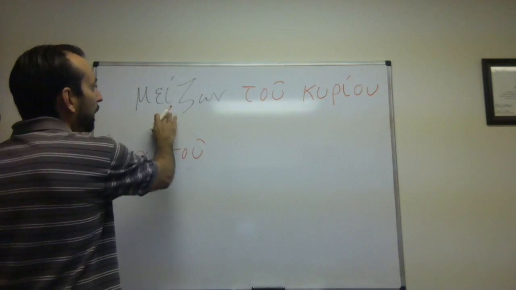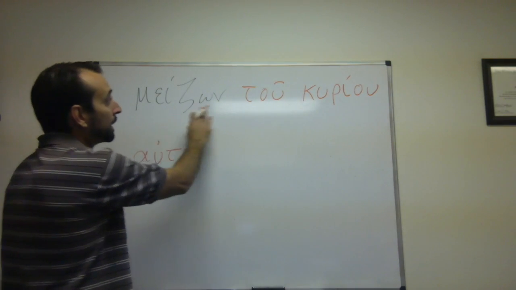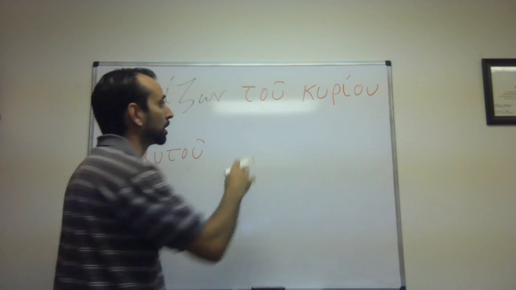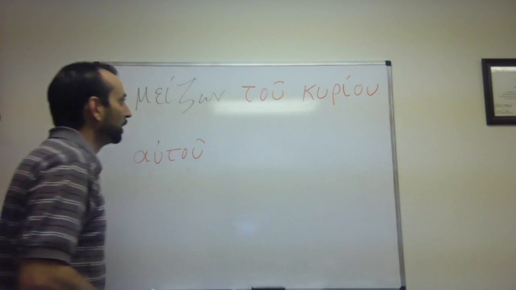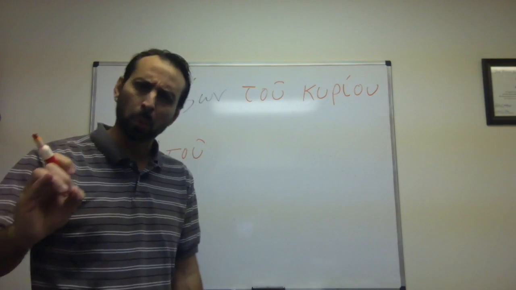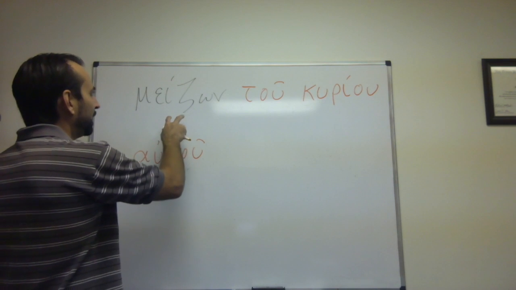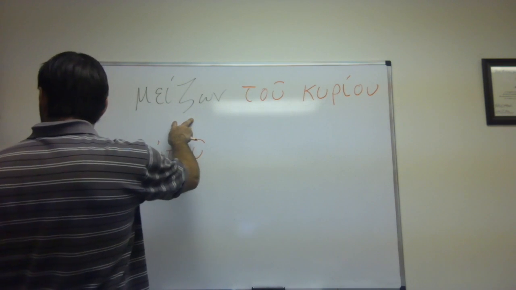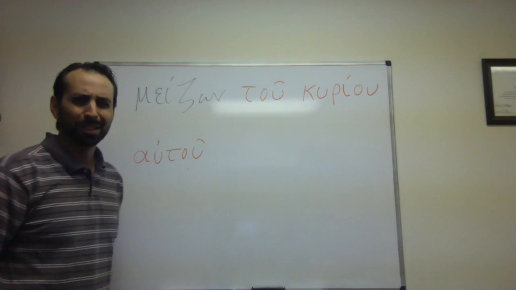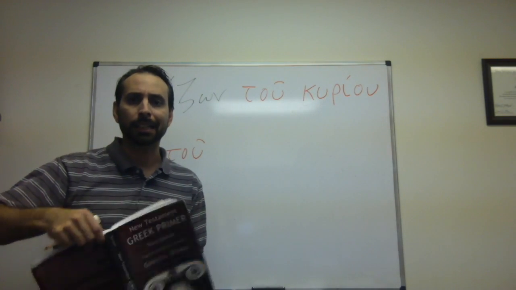So I've got this comparative adjective here, and then it is followed by a noun, a substantive, a noun construction, but it's in the genitive case. Now, if I tried to translate that very literally or woodenly, you would go, okay, I learned this word as greater of his Lord. Greater of his Lord, that doesn't make any sense.